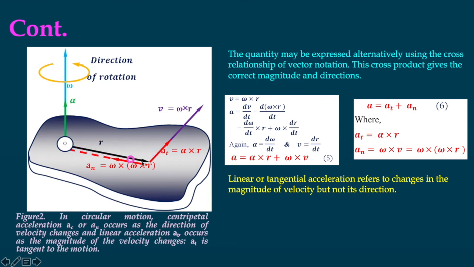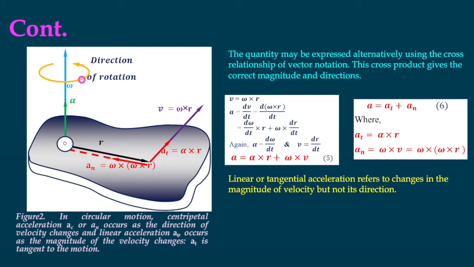And this is the direction of r. r and a_t lie on the xy plane, so alpha should be perpendicular to the xy plane. So both omega and alpha are perpendicular to the xy plane, or perpendicular to the plane of r and v. Or the direction of angular acceleration alpha and angular velocity omega is the same.